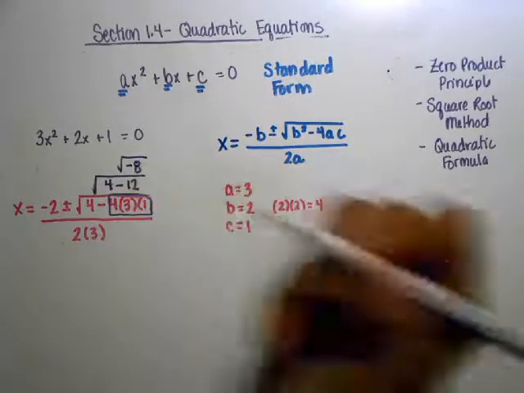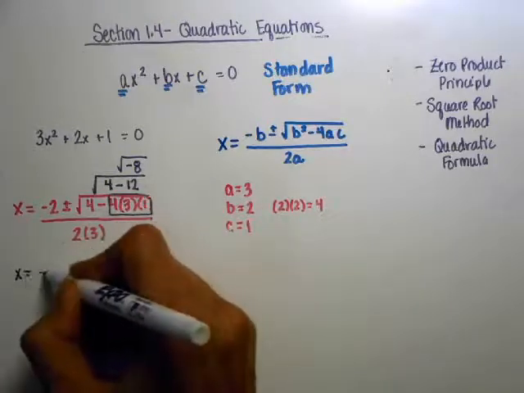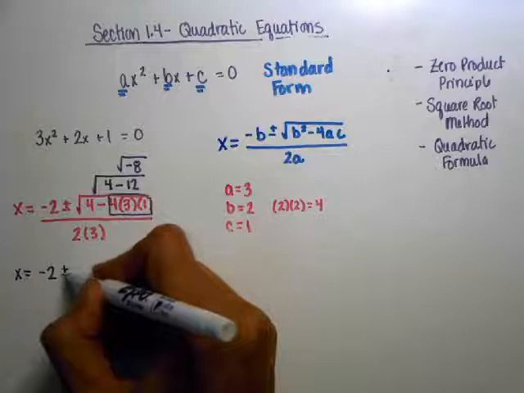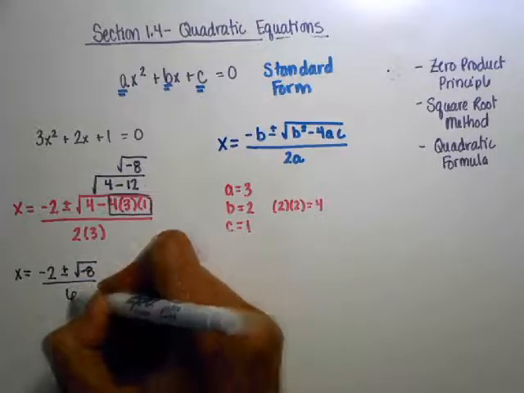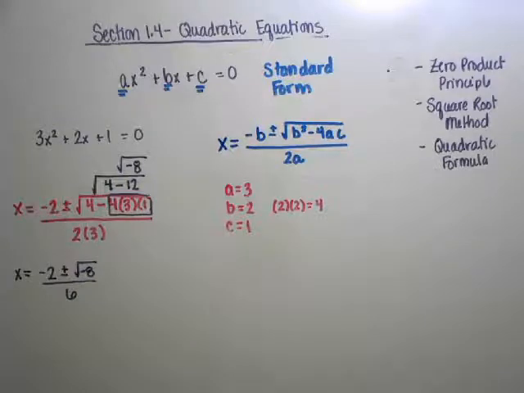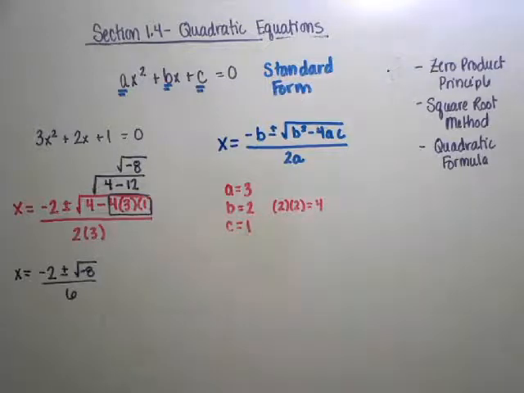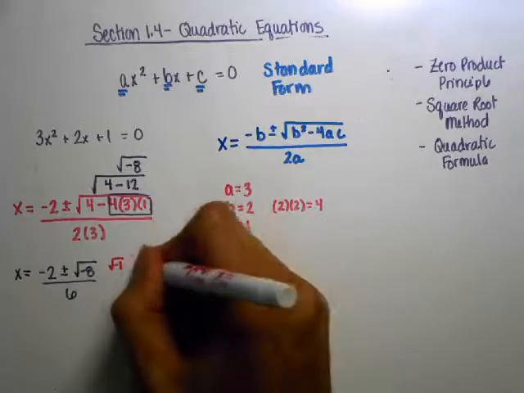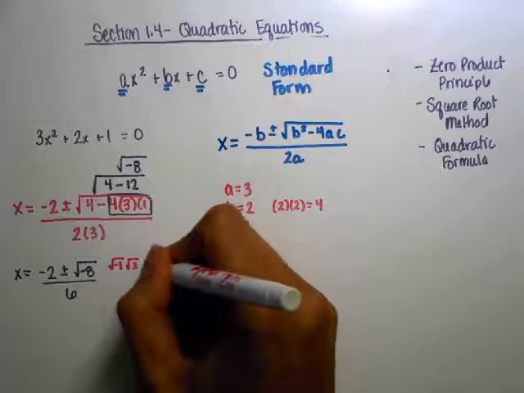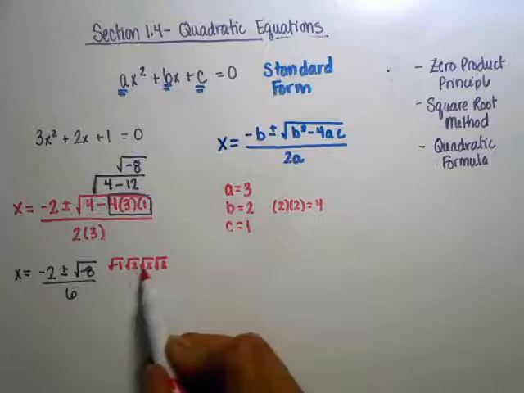And if you remember from a previous assignment, we had problems that look like negative 2 plus or minus the square root of negative 8 all over 6, and we needed to simplify that. So again, we're going to focus on this part right here. The square root of negative 8 is the same as saying the square root of negative 1 times the square root of 2 times the square root of 2 times the square root of 2, because 4 times 2 is 8.